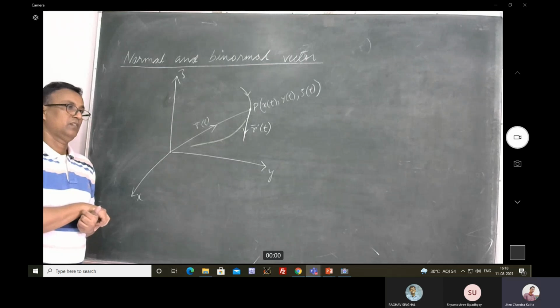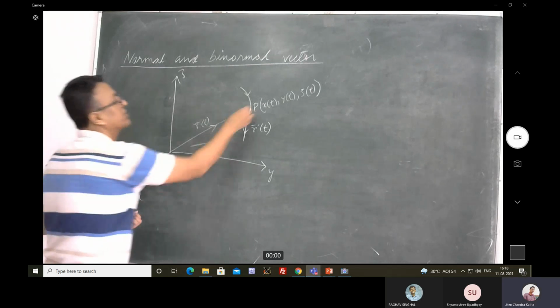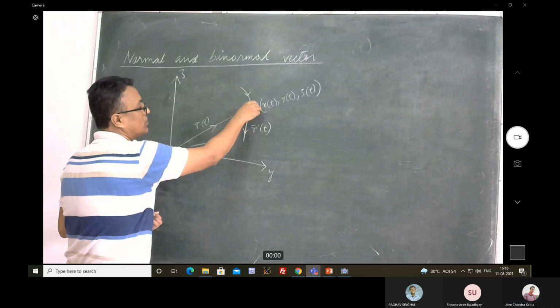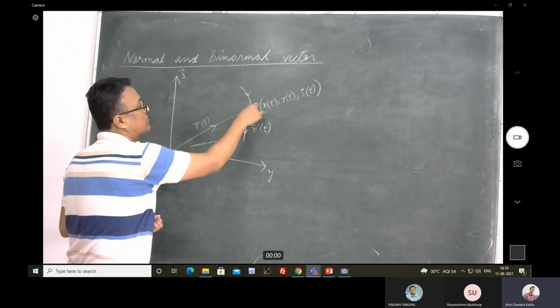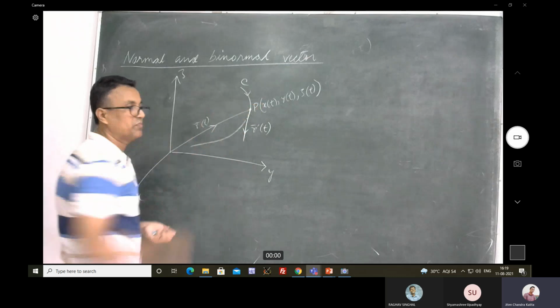This is a vector which is tangent to the curve C at the point P.